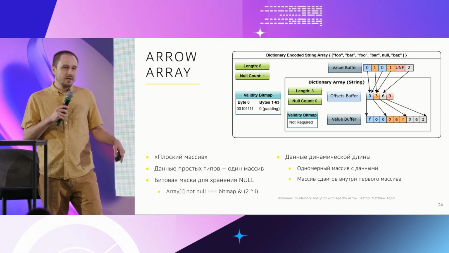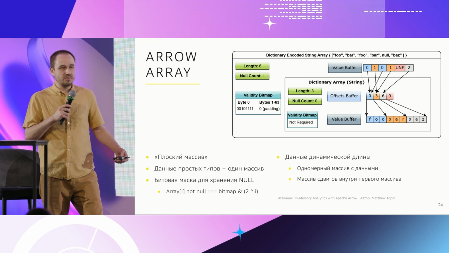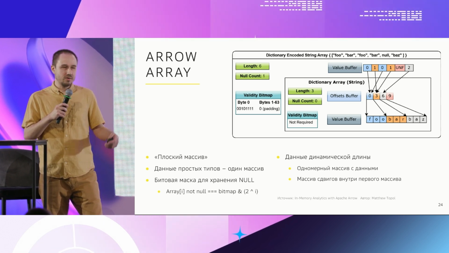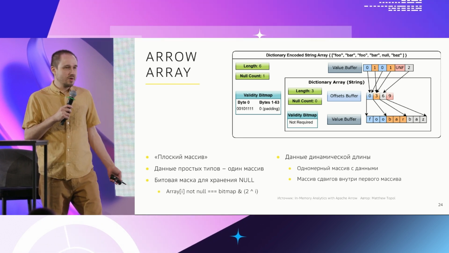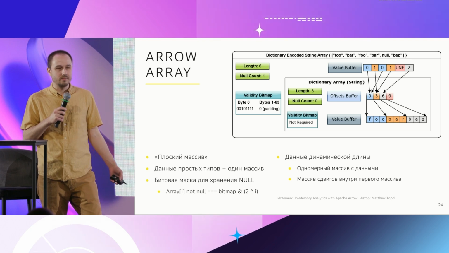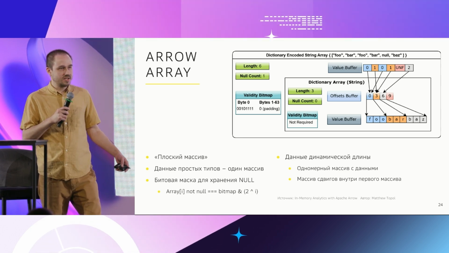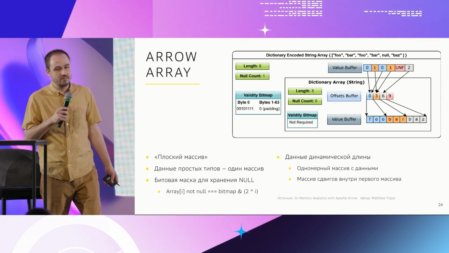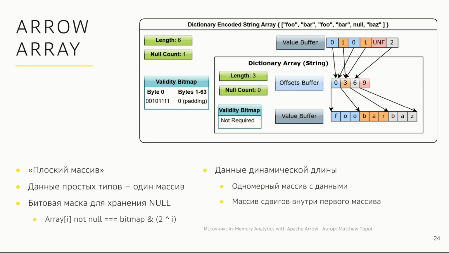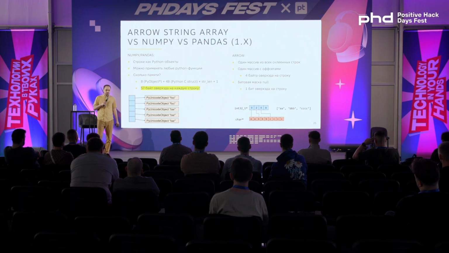Now, how do the columns work? We have the value buffer, and in the case of a string column, there are all the strings. There is an offset buffer with all the offsets, and this is where our string is. And we also have the mask to identify which objects are null and which ones are non-null.